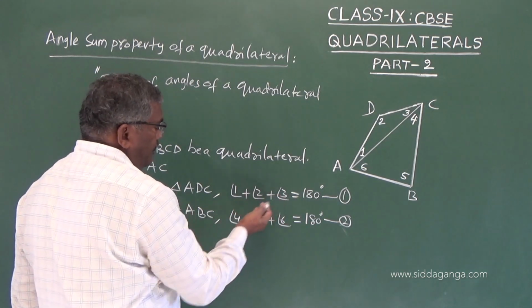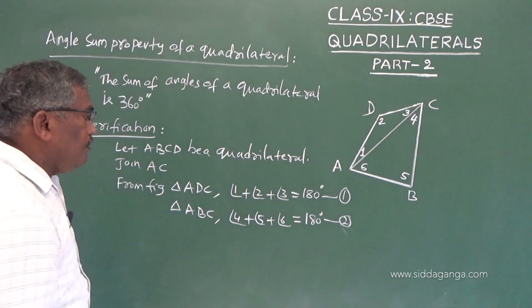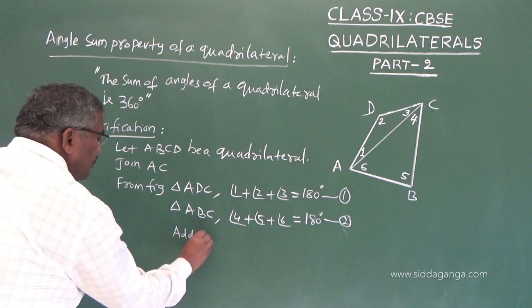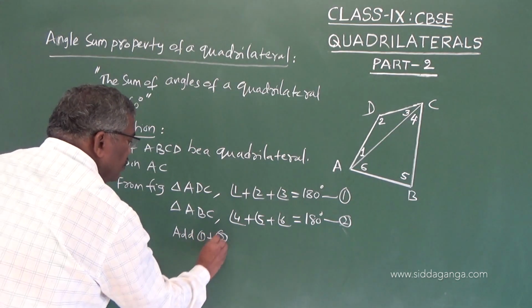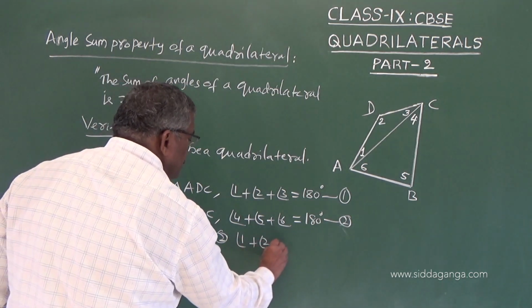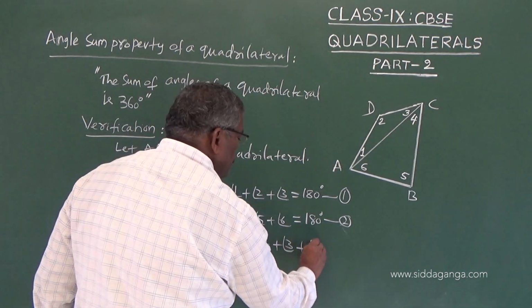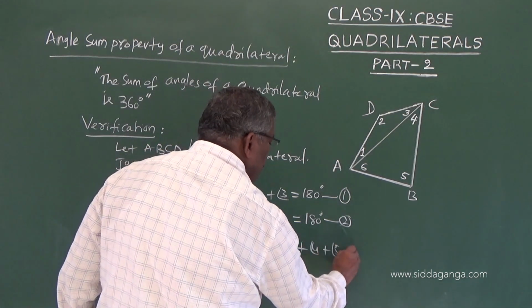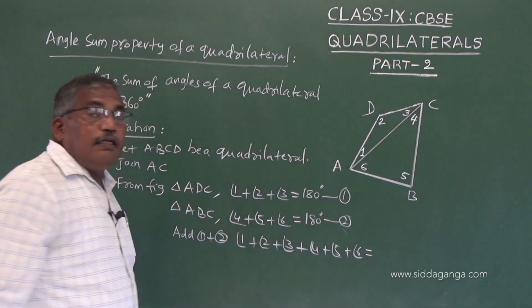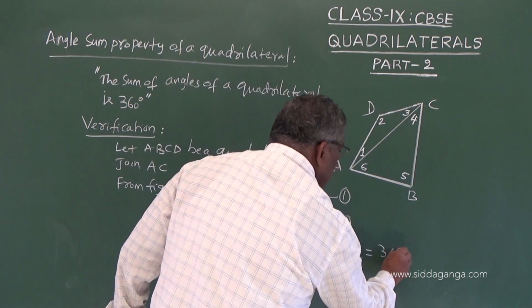So now add the two equations. Add 1 and 2. You will get 1 plus 2 plus 3 plus 4 plus 5 plus 6 equals 180 plus 180, which is 360 degrees.